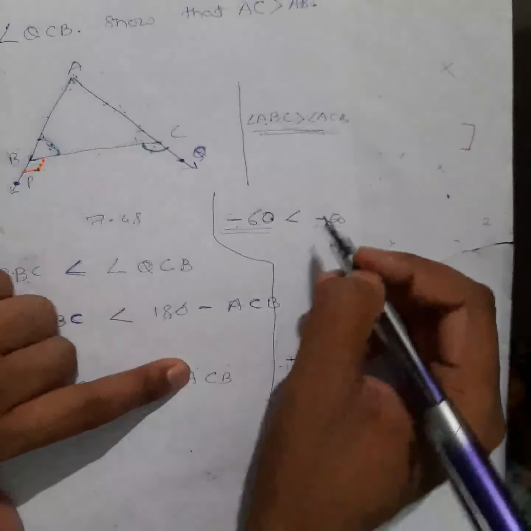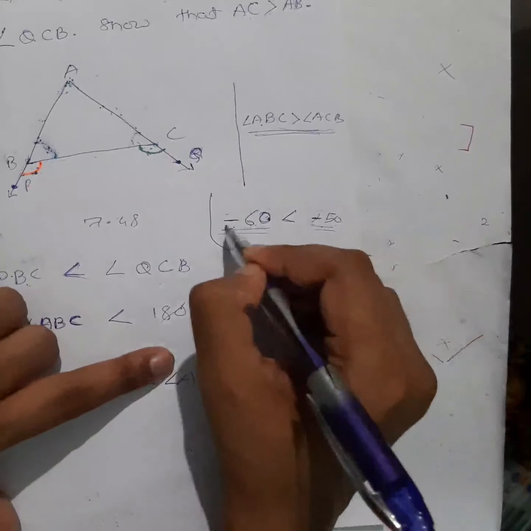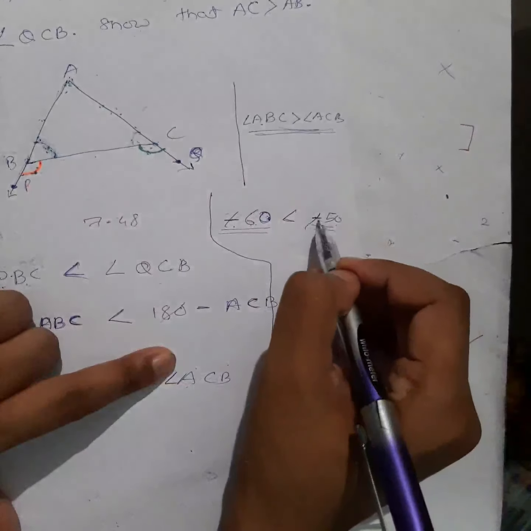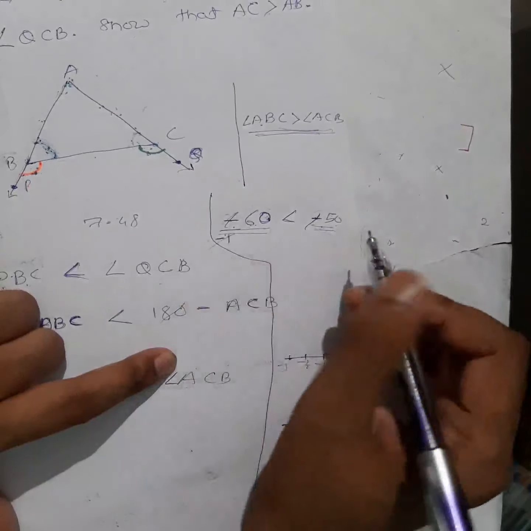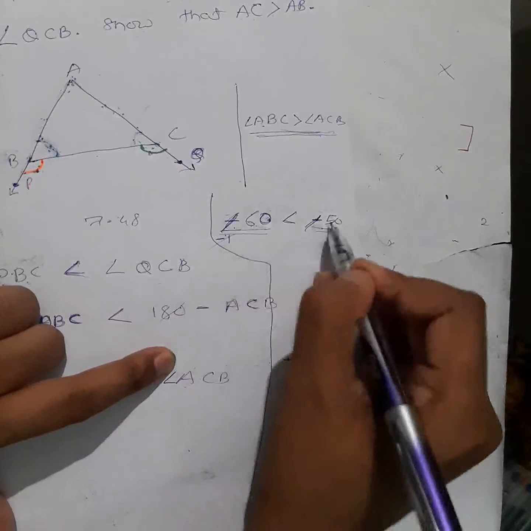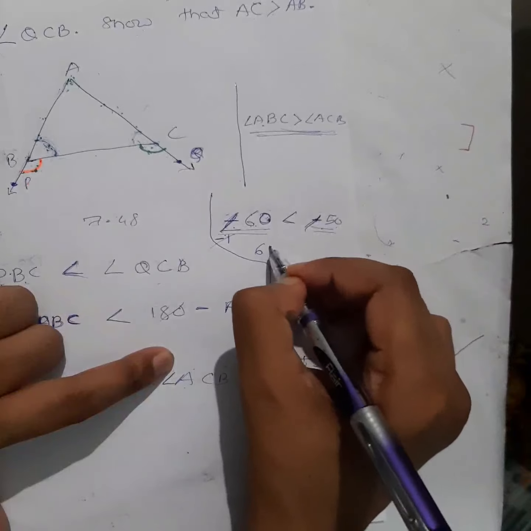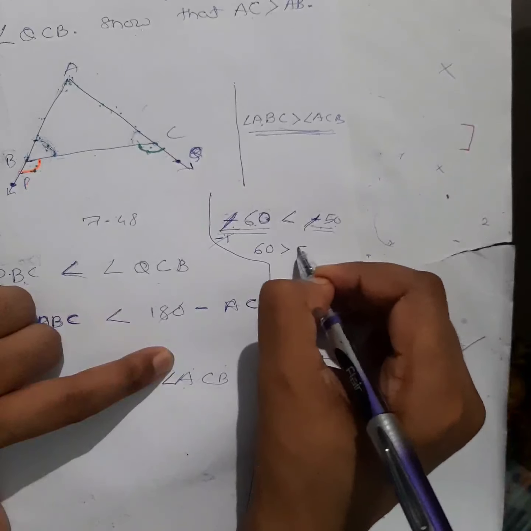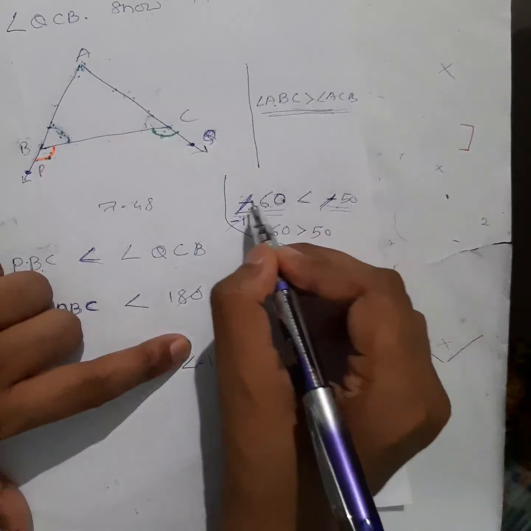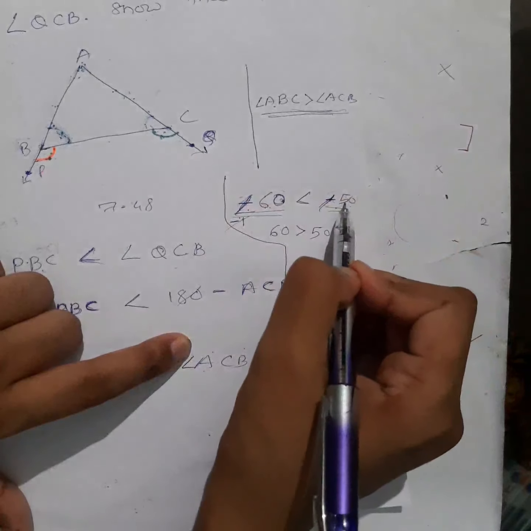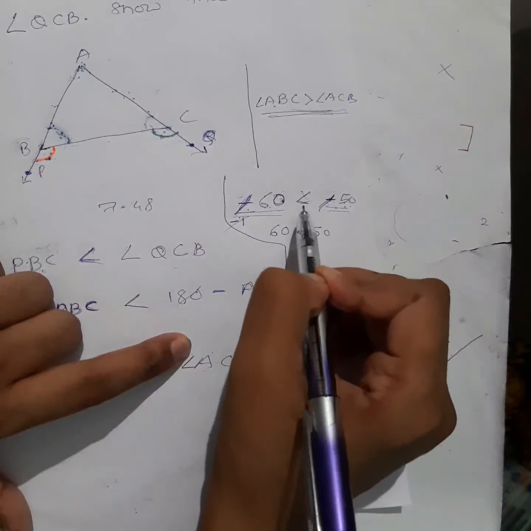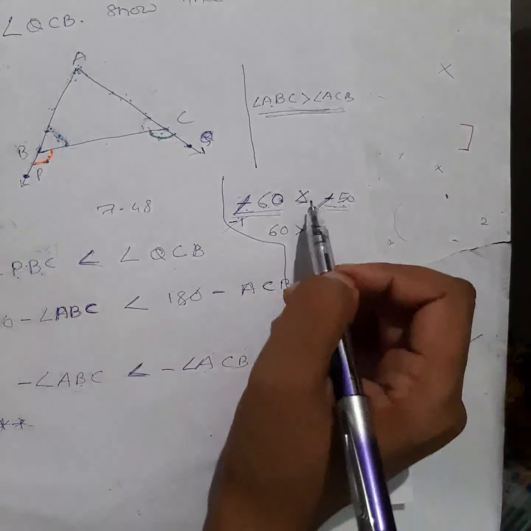Now see carefully, if I remove this negative sign, or you bring this to this side, what will you get? Minus 1 downside, so it gets cancelled. If I remove the minus sign here, 60 will become greater than 50. So whenever we remove the minus sign, the symbol of this inequality changes.